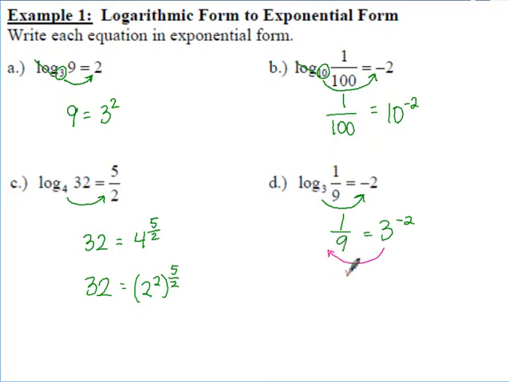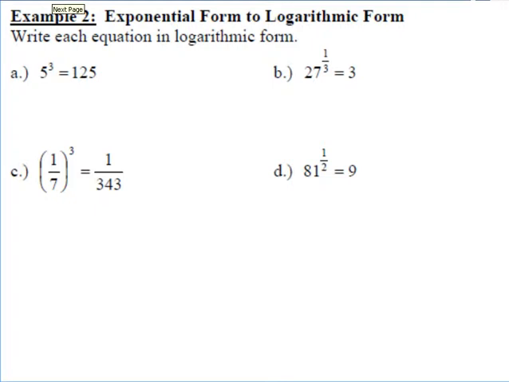So you're still going to have this little 3, this 1/9 equals negative 2, but what are you going to put in front of this 3 and this 1/9? A log. So if you go backwards, what's the only thing that's going to move? The 5, the 3, or the 125? The 5 is going to move down.